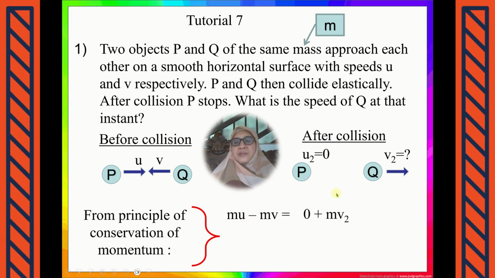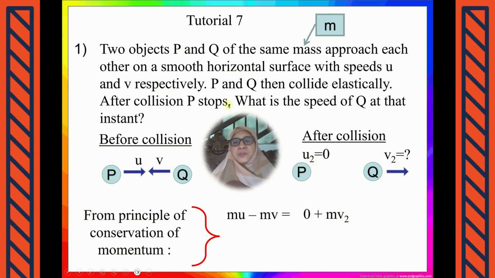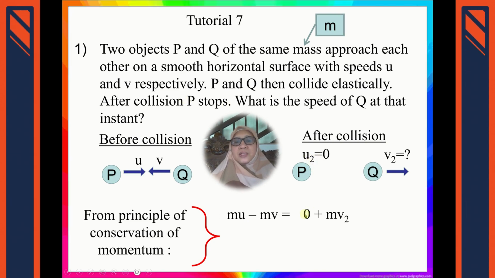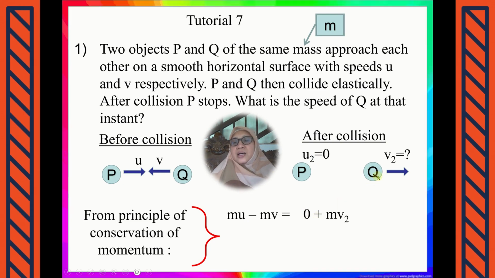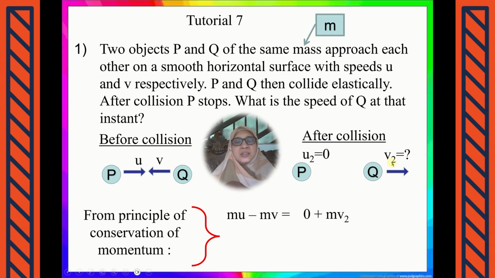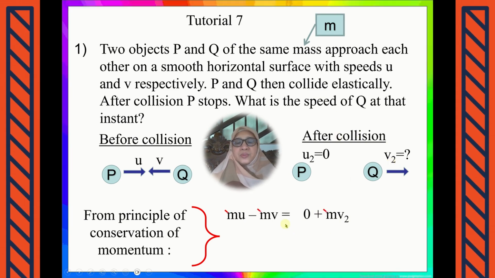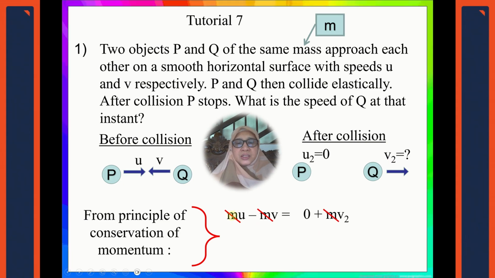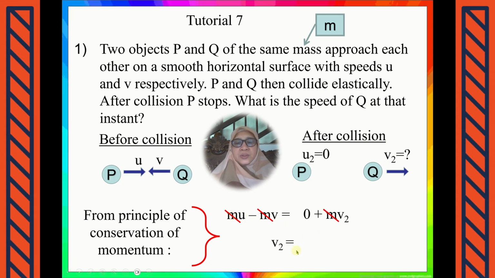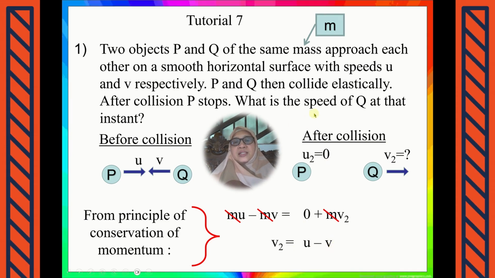Then after collision, the momentum of P will be 0 because P stops, so 0 plus the momentum of Q, which is m times v2. v2 is what the question wants. We can rearrange the equation here. First, we can cancel out m, so we get v2 equals u minus v. So this is the answer.